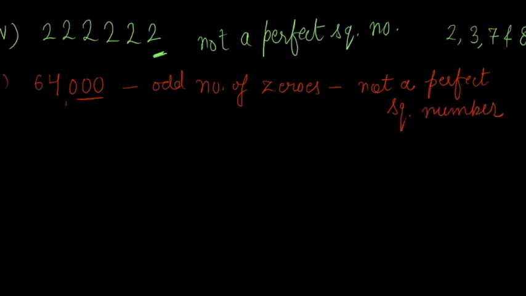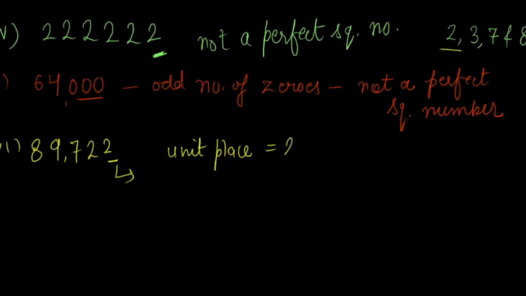Okay. Now we have the sixth part of this question, which is 89,722. The unit place digit is 2 and 2 is listed here. So you will write, since the unit place digit is 2, hence not a perfect square number.